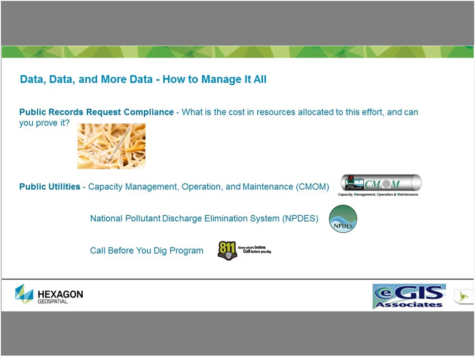The next is public utilities. There are different systems that are in place for public utilities and private utilities. Items like capacity management, operation, and maintenance, CMOM. You need the ability to access large amounts of spatial and non-spatial data quickly, both internally and externally.